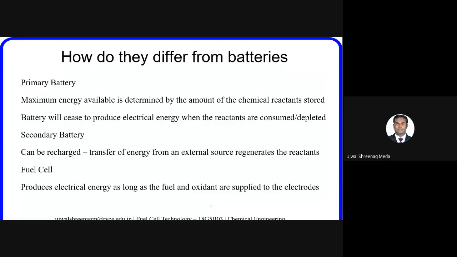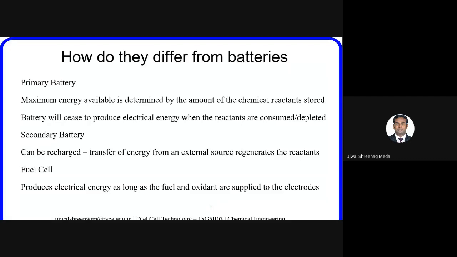With a secondary battery, it is possible to regenerate the chemicals present in the battery by charging it again. There will be multiple charge cycles that a battery can be subjected to. After certain cycles, say around 500, it will stop working.